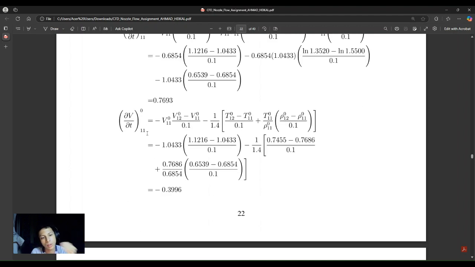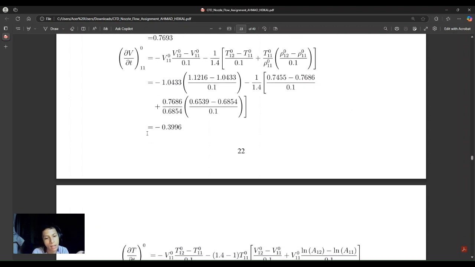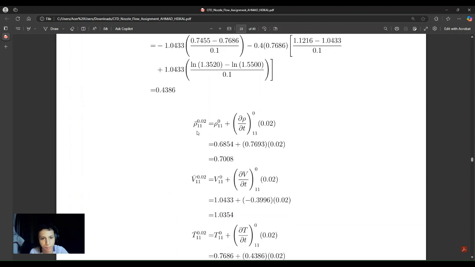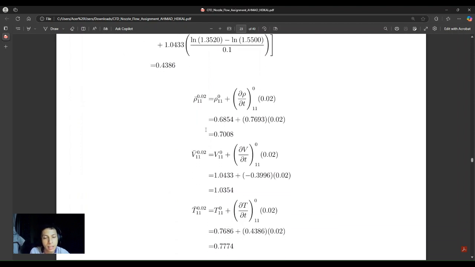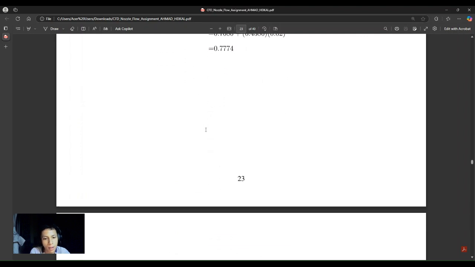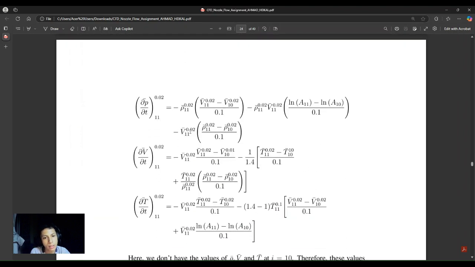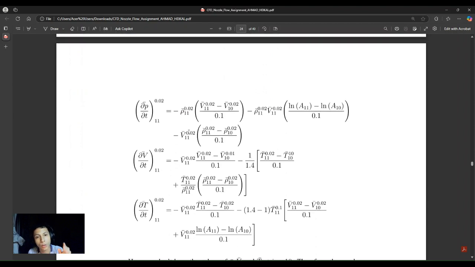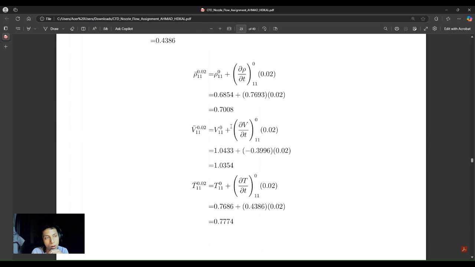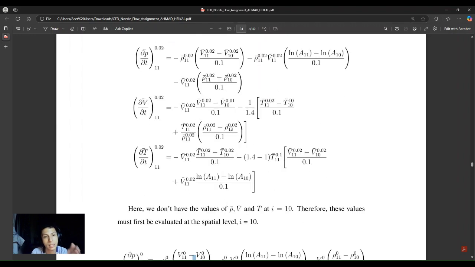And then also the predicted step for the velocity and also the temperature. And then this is where I calculate the corrected values, and then this is the correct, I'm sorry, this step is the predicted values, and this one is the correct steps.